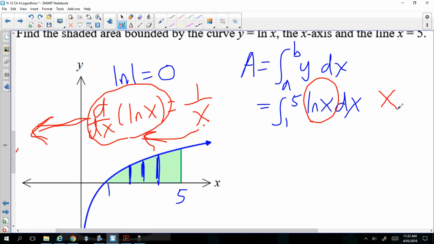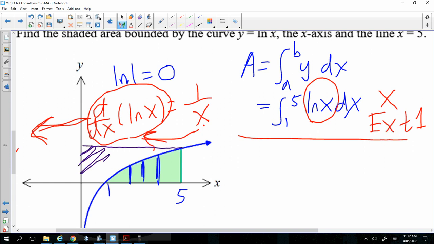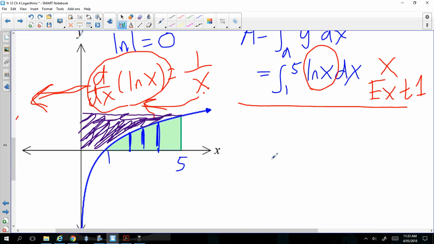We're going to instead find the area bounded by the y-axis, because we can do that, isn't it? We just did that already. Let's find this blue bit. Let's call that B. So the area of B will be x dy from a to b.